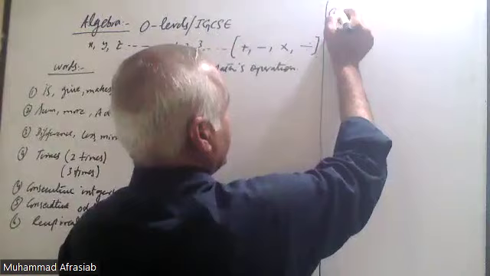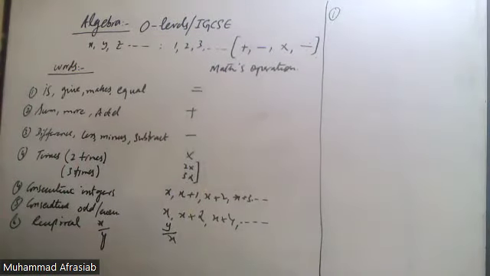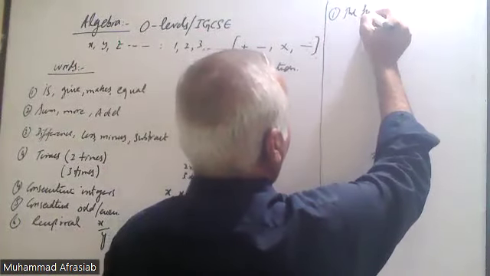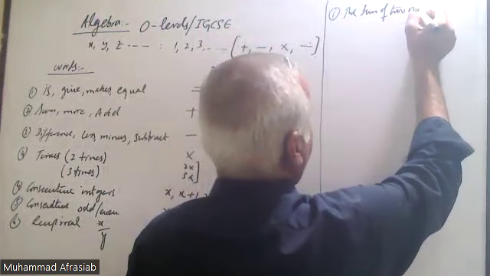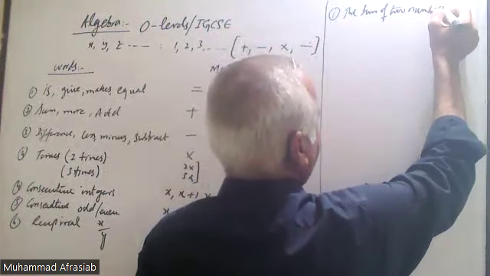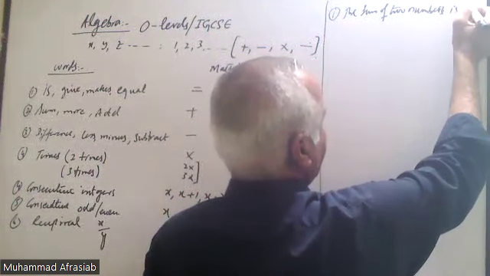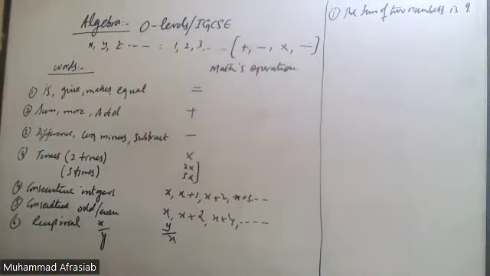First, they use this statement: the sum of two numbers is 9.